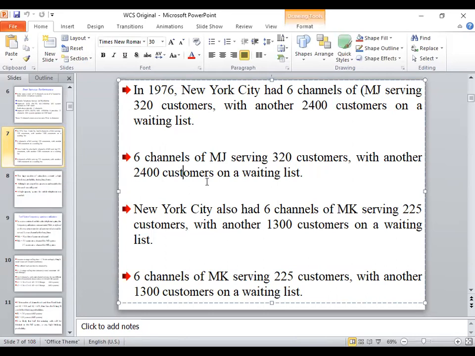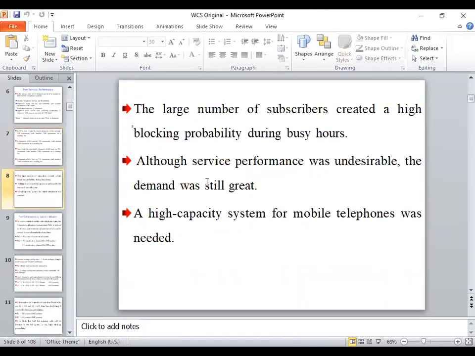Next is the larger number of subscribers. If a large number of customers is created, then your call will be blocked during the busy hours. The service performance was undesirable because the demand is great, because the number of customers using the mobile is more and more.